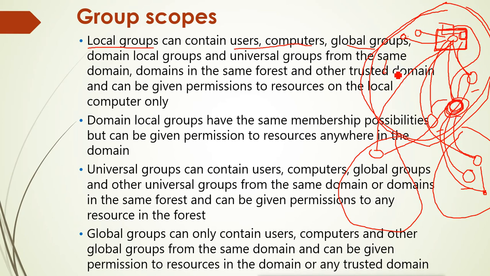If we have a shared folder on this machine, we can give this group permission on that folder. If we have other machines or data available here, it can also be used to give permission on those directories, but only within a single domain, the same domain. And through this membership, for example a universal group from this domain that is a member of this group, it can also get the resources from this domain local group.